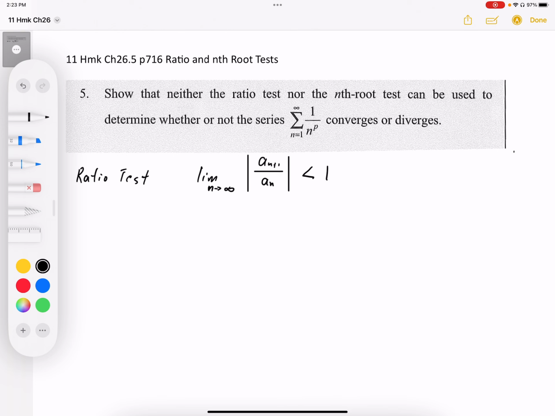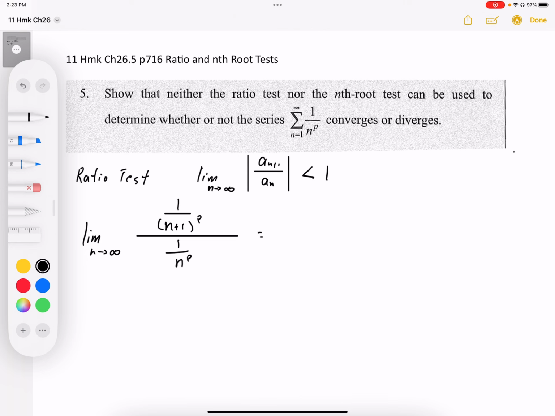So we're going to do the limit as n approaches infinity, and in the numerator I'm going to have 1 over (n plus 1) to the power p, over 1 over n to the power p.